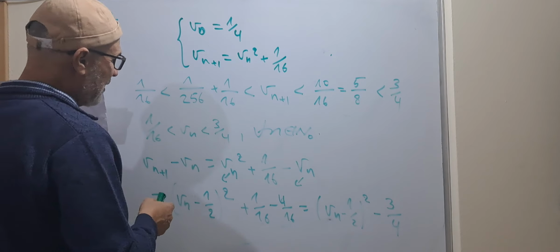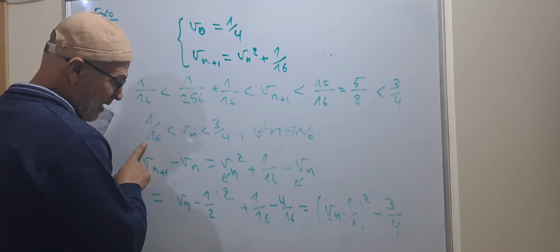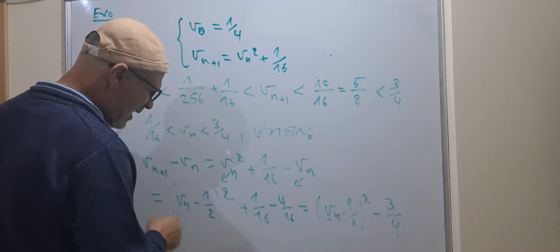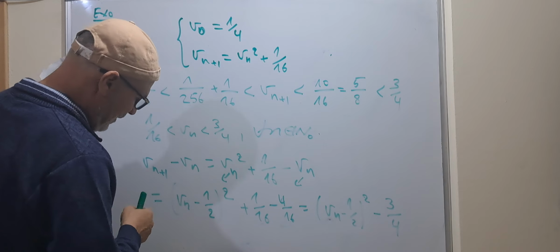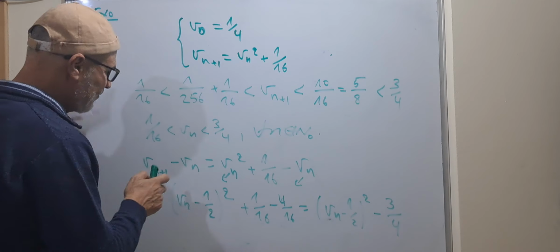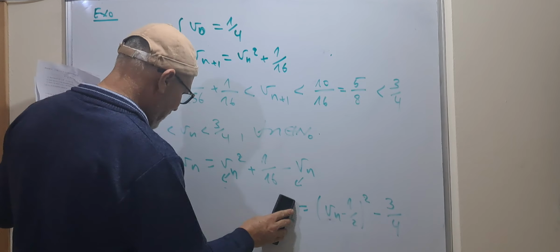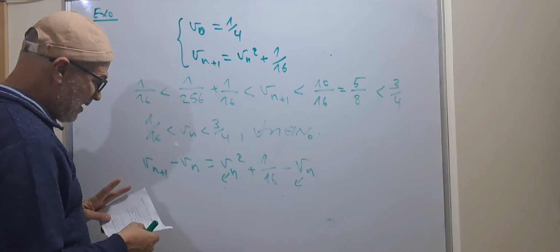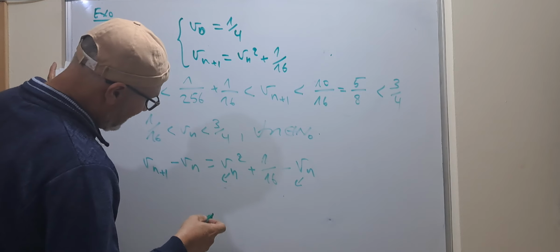We know that Vn is between 1 over 16 and 3 over 4. I need a moment here, since I didn't prepare the exercise, so it is like this.